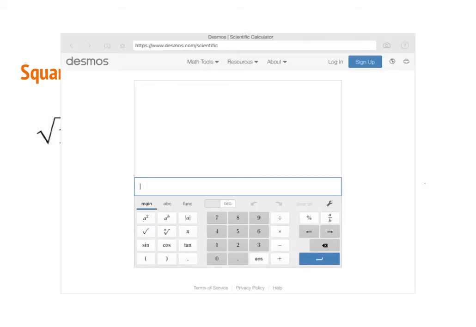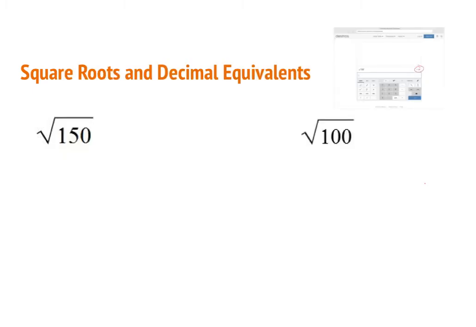I can go to any scientific calculator and find the radical symbol, and I would pick the one that doesn't have the n, because the one that doesn't have the n is talking about square roots. I would put 100. Enter. And my answer is 10. So I would not need to simplify.